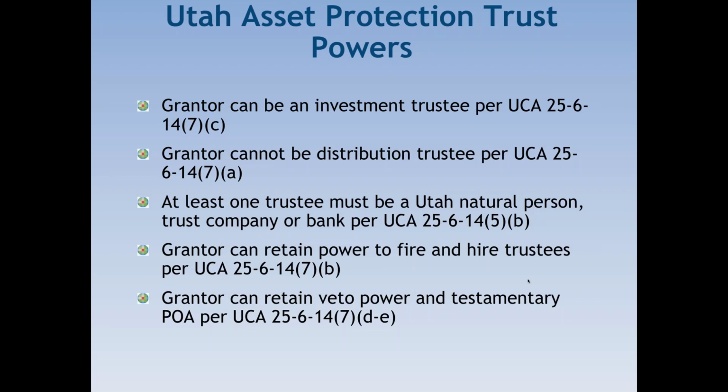They cannot be the distribution trustee, which means they can't be the trustee that makes distribution decisions for themselves as a beneficiary, because that just provides a little bit too much control, which takes away some of the asset protection powers of the trust. But they can have a co-trustee who is the distribution trustee that they trust that is going to give them distributions whenever they want. If that trustee doesn't do that, then they can remove that trustee and replace them with somebody else.